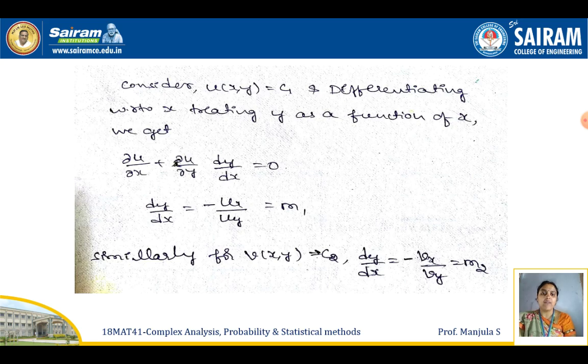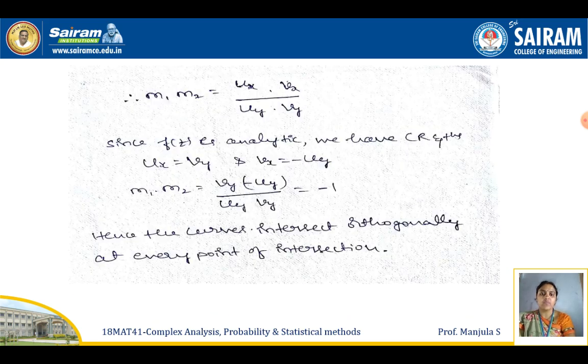Now we have the values of m1 and m2. Now take the product of the two. If you simplify, you should get the solution as -1. If we get -1, we can conclude that the given two curves u of x comma y and v of x comma y intersect orthogonally. That only we have to prove now.